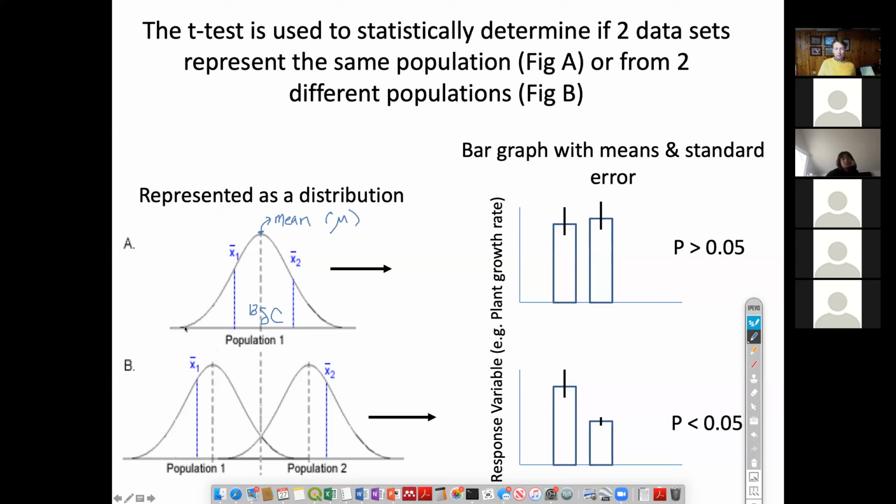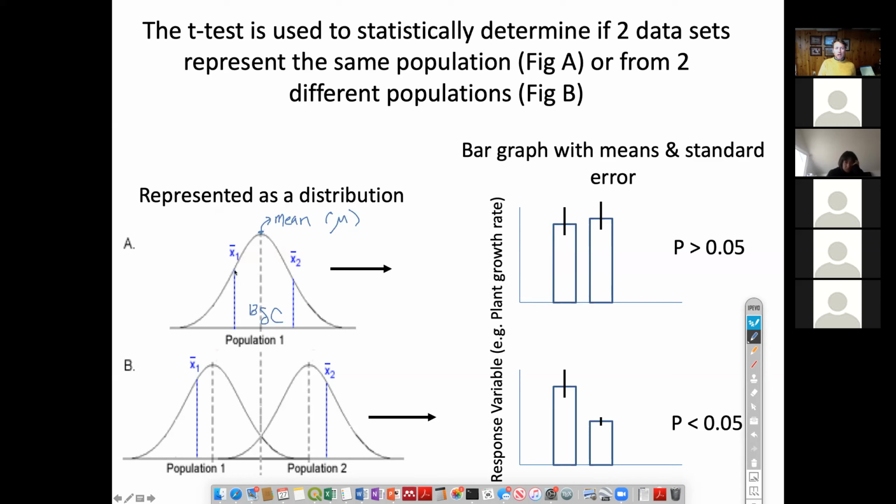If I've got a normally distributed population, that's this bell curve, the mean would be the most likely number I would get. So let's say I had 100 trees that I sampled carbon 13 from. The mean value would be the value that I would have the highest probability of seeing.